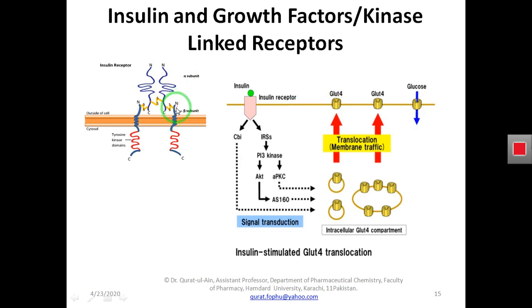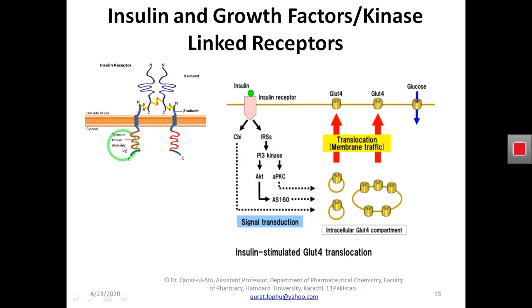This beta subunit has an extracellular and an intracellular domain. The extracellular domain of this beta subunit has variable amino acids based on the type of ligand that will bind to the N-terminal region of this receptor. However, the intracellular domain of this beta subunit has tyrosine kinase activity.